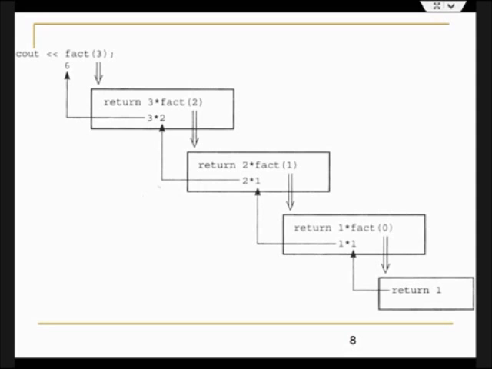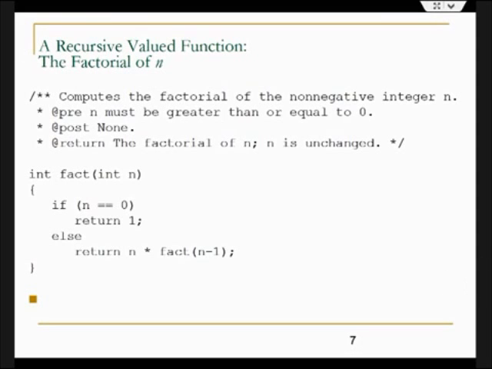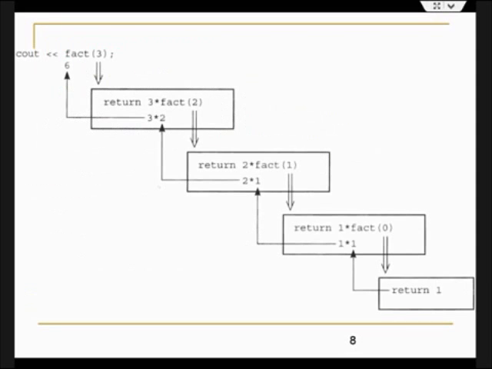Factorial of 1 is 1 times factorial of 0, and for factorial of 0 we've reached the base case, which is return 1. So we return 1 to here, which gives 1 times 1, and return 1 to here, which is 2 times 1, and return 2 here, and so you have 3 times 2, and return 6, and it prints out 6.